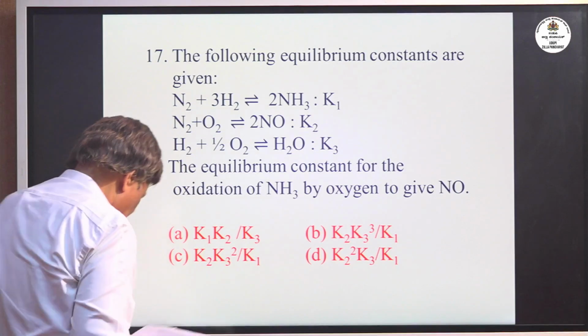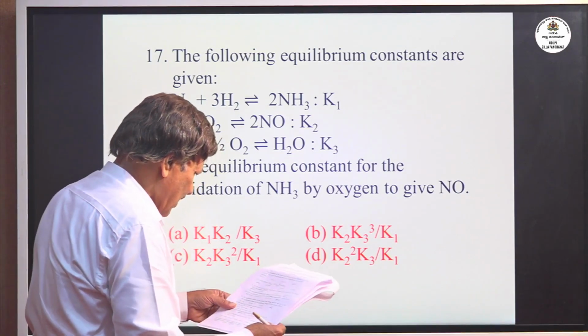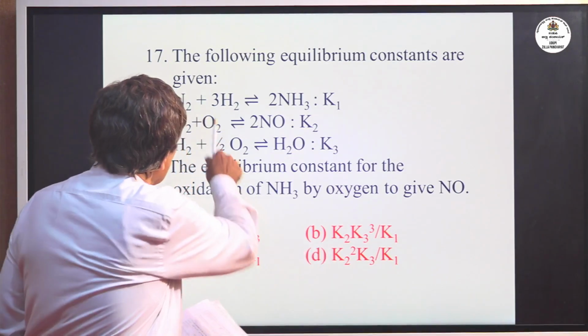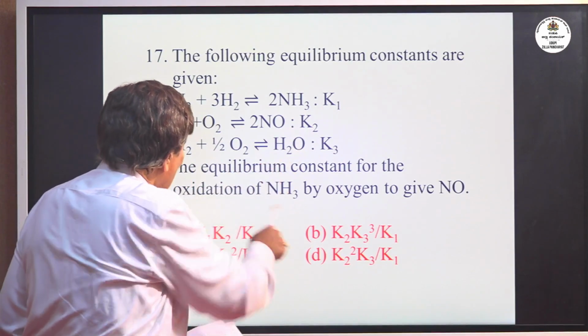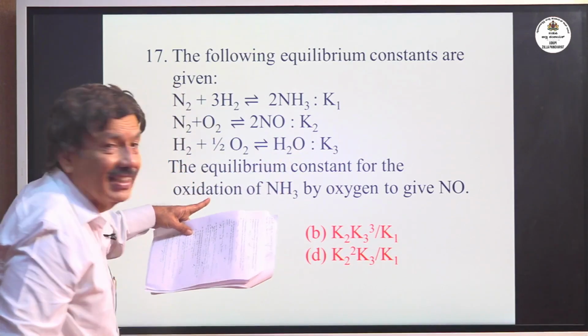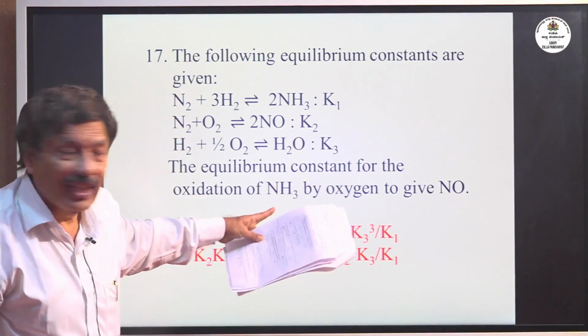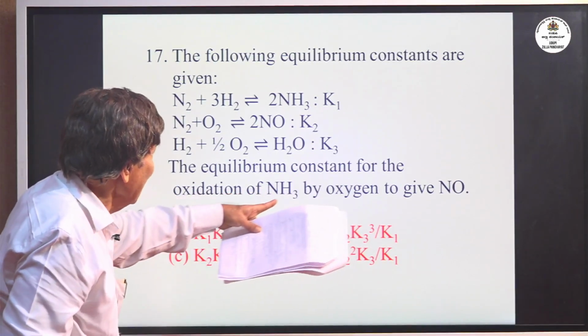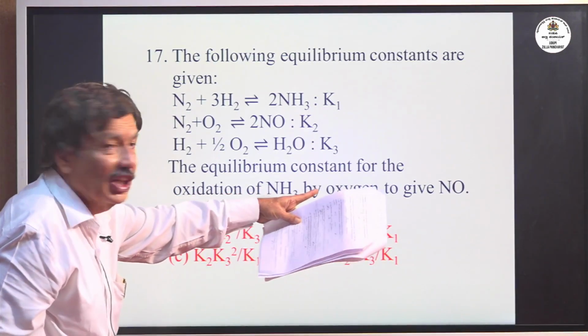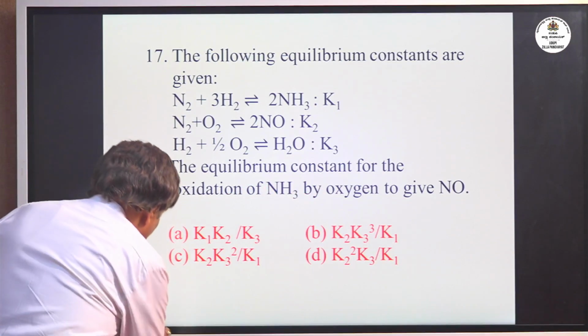Yes. Next question. It's a very good question. See here, 3 equilibrium constants are given, and what they have asked is the equilibrium constant for the oxidation of ammonia by oxygen to give NO. Yes, let me try this.